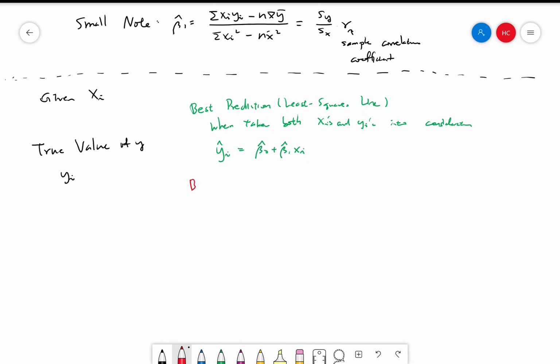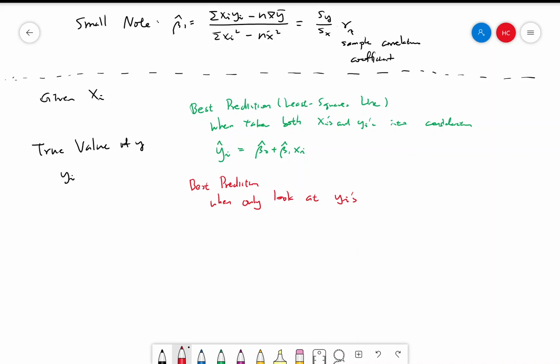But what if we only have the values for y? So if you're only given y1, y2 all the way to yn, no x's, just y's, then it's really hard to give a prediction.